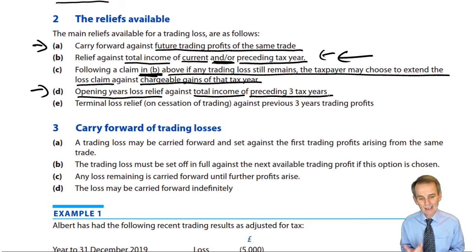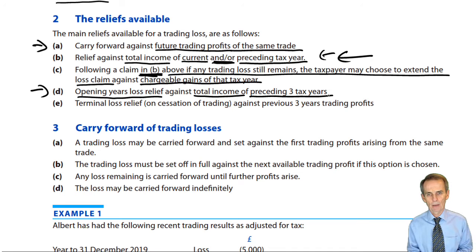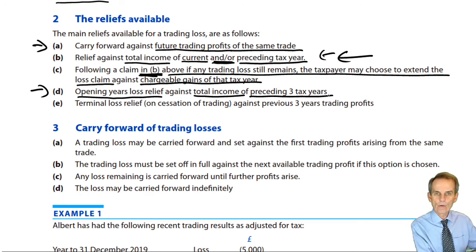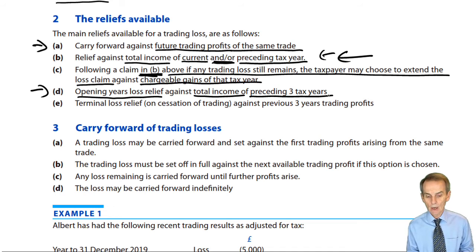But it does give the opportunity for the taxpayer who started to trade, but unfortunately early on has made losses in that trade, to be able to get more immediate relief for that loss, getting a repayment, which might be just the cash flow impetus that it needs, maybe to keep that particular trade going there, by carrying back the loss 3 years and gaining repayments of even earlier tax years.